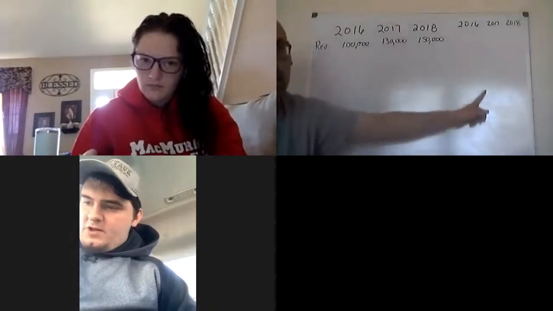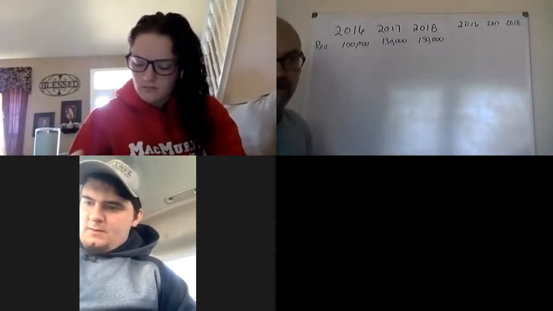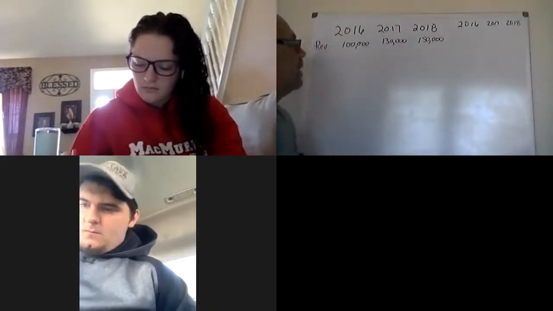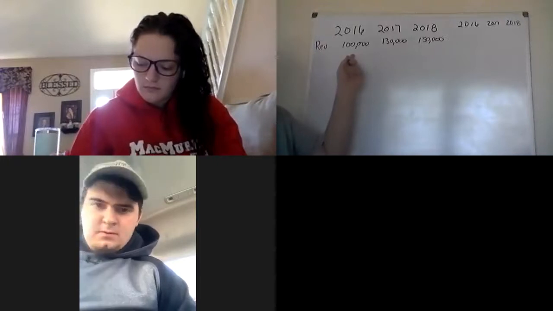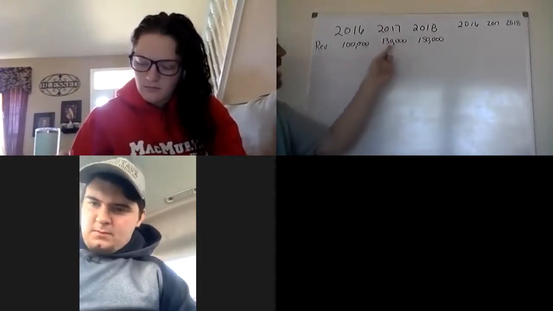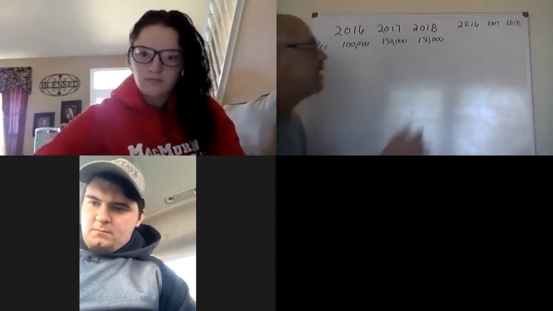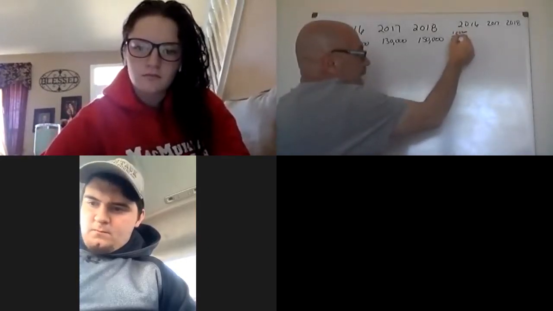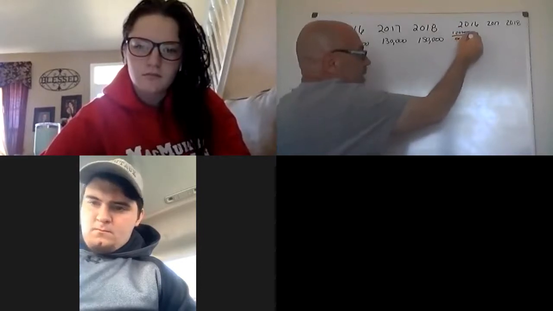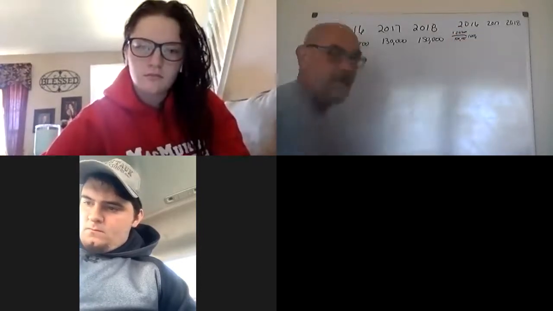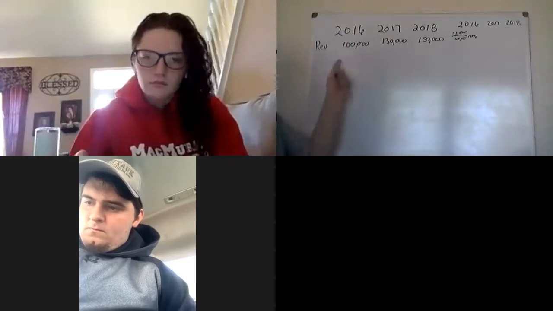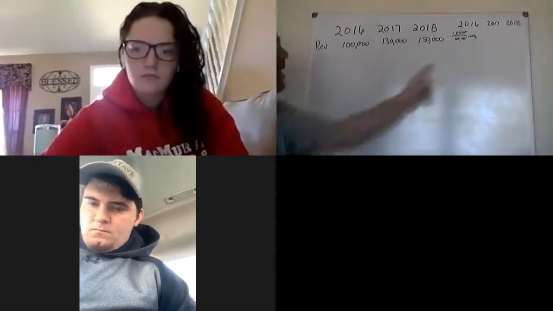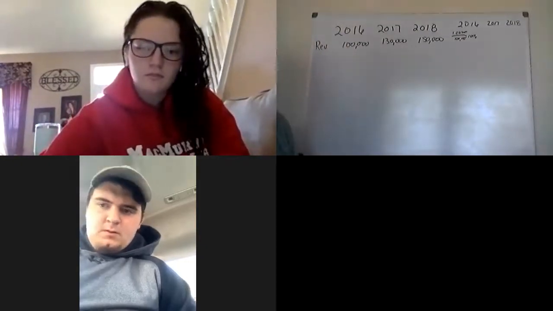Everything that goes into these columns is going to be percents. 2016 is our base year. So 2016 would be 100,000 divided by 100,000 equals 100%. Every one down the line for your income statement is all going to be 100% in 2016.